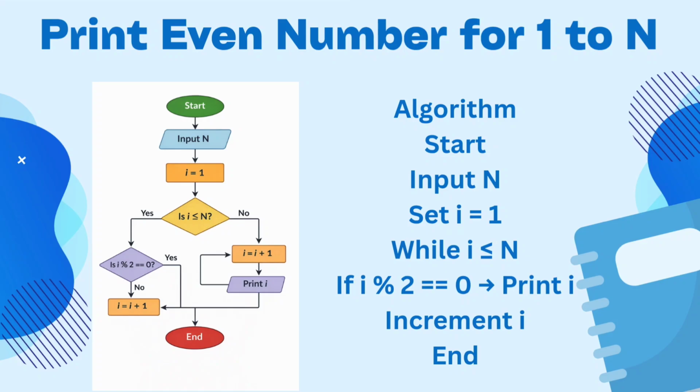Yes, print I. No, I equals to I plus 1, end. Algorithm. Start, input n, set I equals to 1, while I less equal n, if I modulo 2 equals to 0, print I, increment I, end.